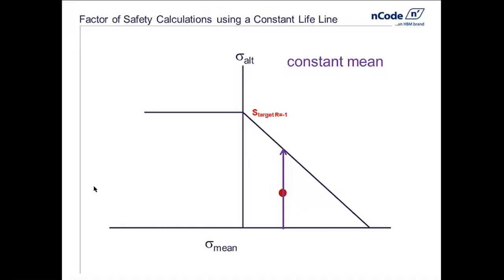And as before, we're looking at the ratio of distances, from a zero amplitude, or that horizontal line, up to our stress state, and then again up to the intersection with the constant life diagram. And the ratio of those distances gives us the factor of safety.